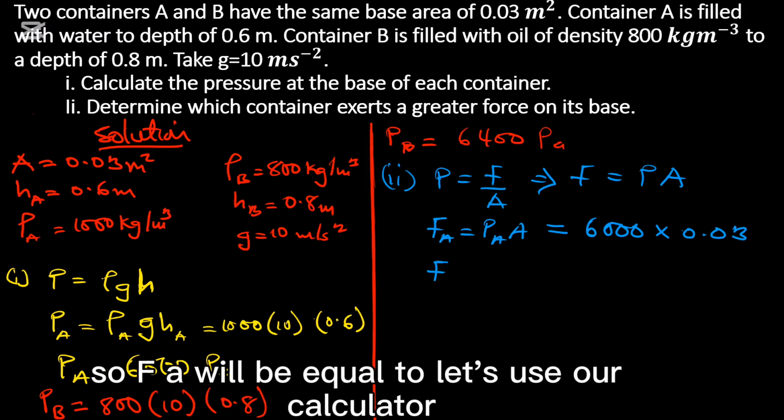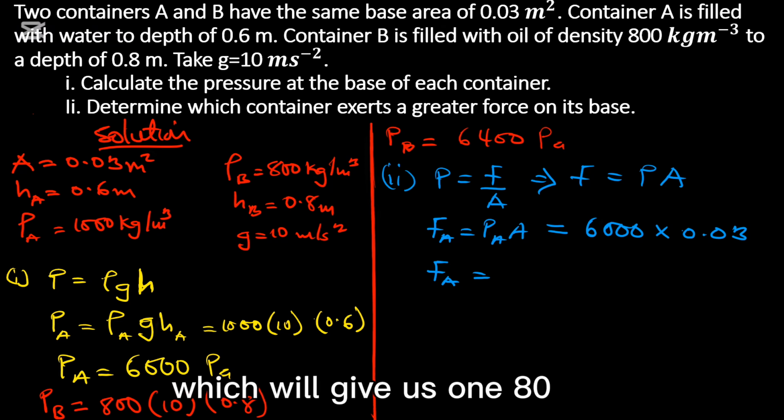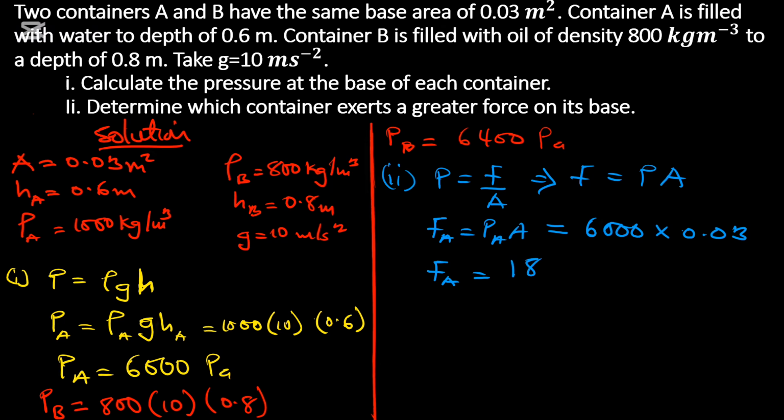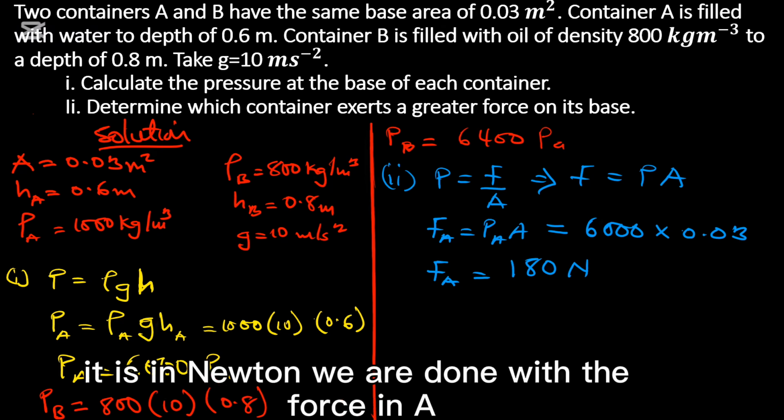So Fa will be equal to, let's use a calculator, 6,000 times 0.03, which will give us 180 Newton. Please don't forget the unit, it is in Newton. We are done with the force in A.